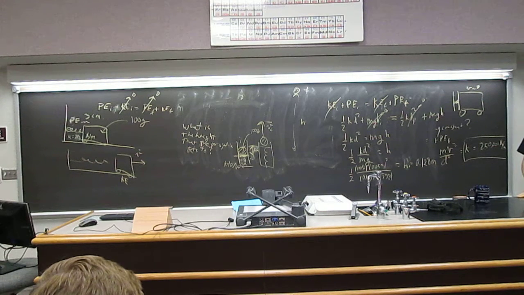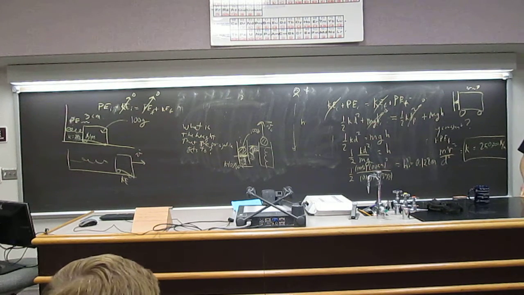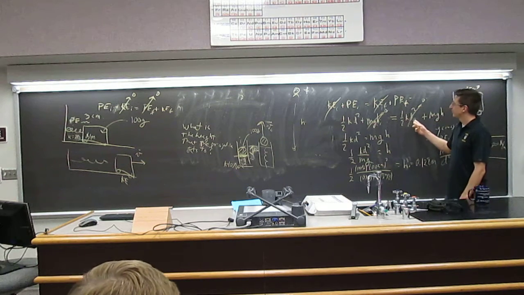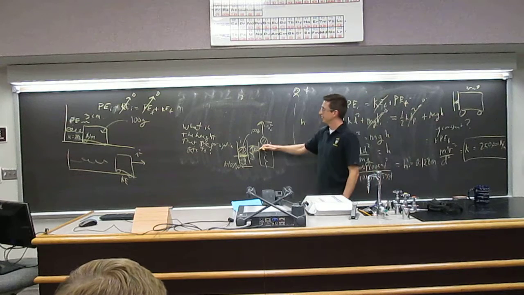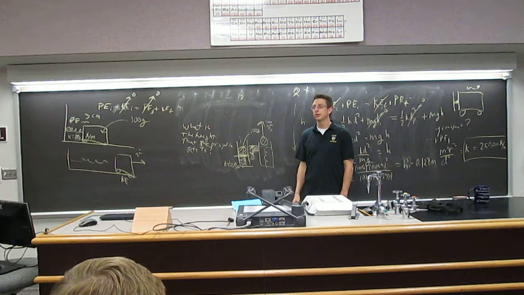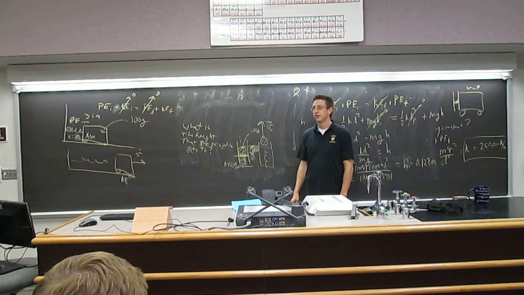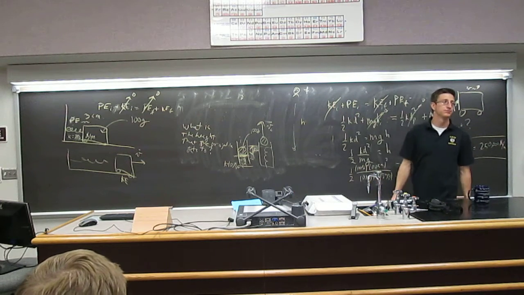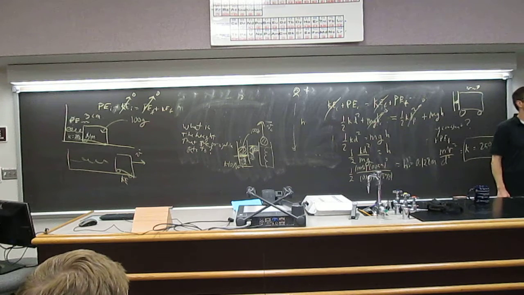One more question. Why did we make the 1/2 k d squared final 0? Oh, because the spring is at its equilibrium position. D is the distance from its equilibrium position, where it's not stretched or compressed. Is that good?